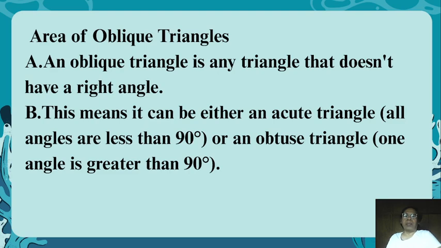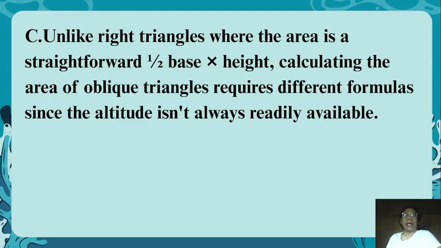When we say obtuse triangle, one angle is greater than 90 degrees. Unlike right triangles, where the area is straightforward, 1/2 times the base times the height, calculating the area of oblique triangles requires different formulas since the altitude is not always readily available.